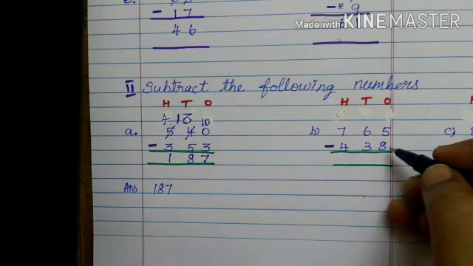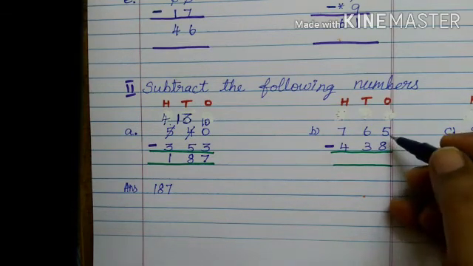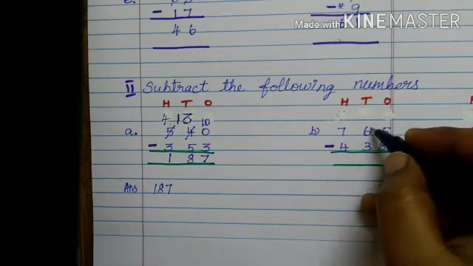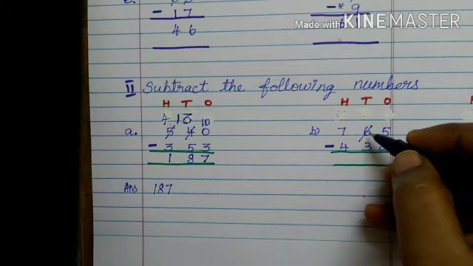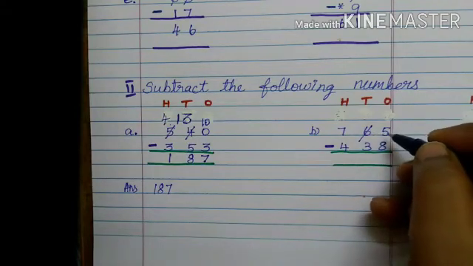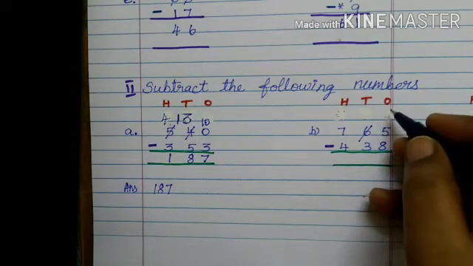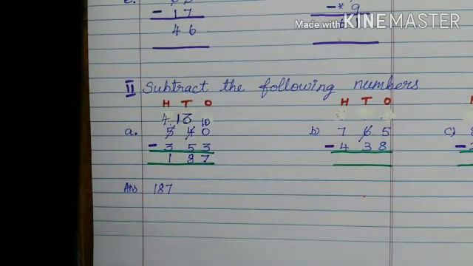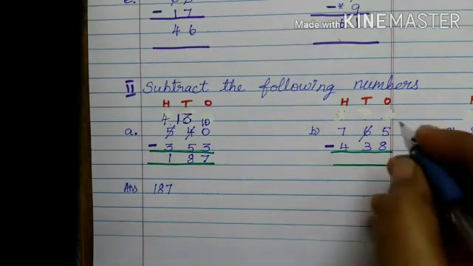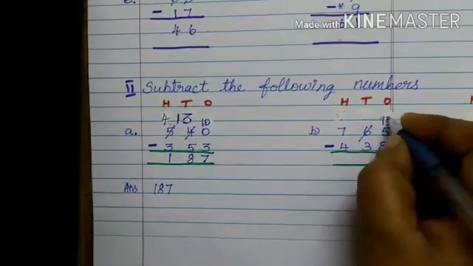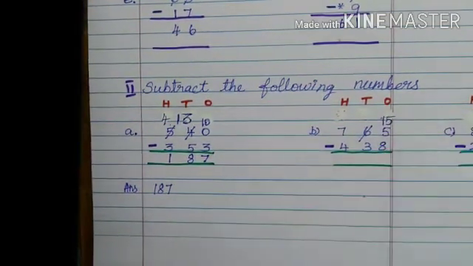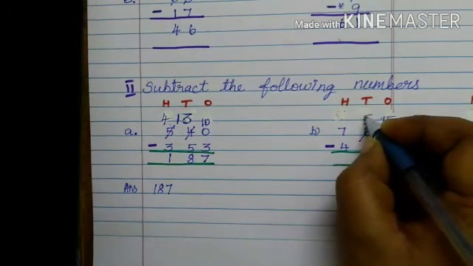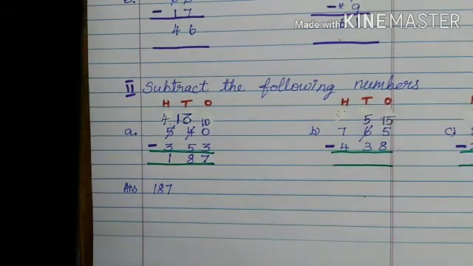5 compared to 8: 5 is smaller, 8 is bigger, so now you borrow from the tens place. Here 10 is given and moved to the ones place: 10 plus 5 is 15. The tens place changes to the number before.